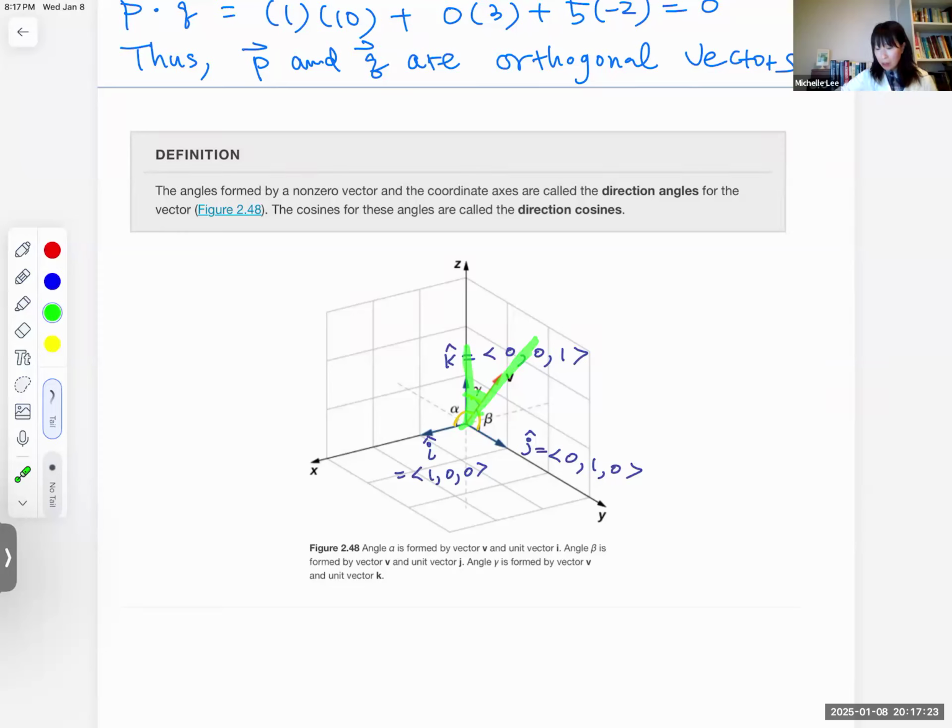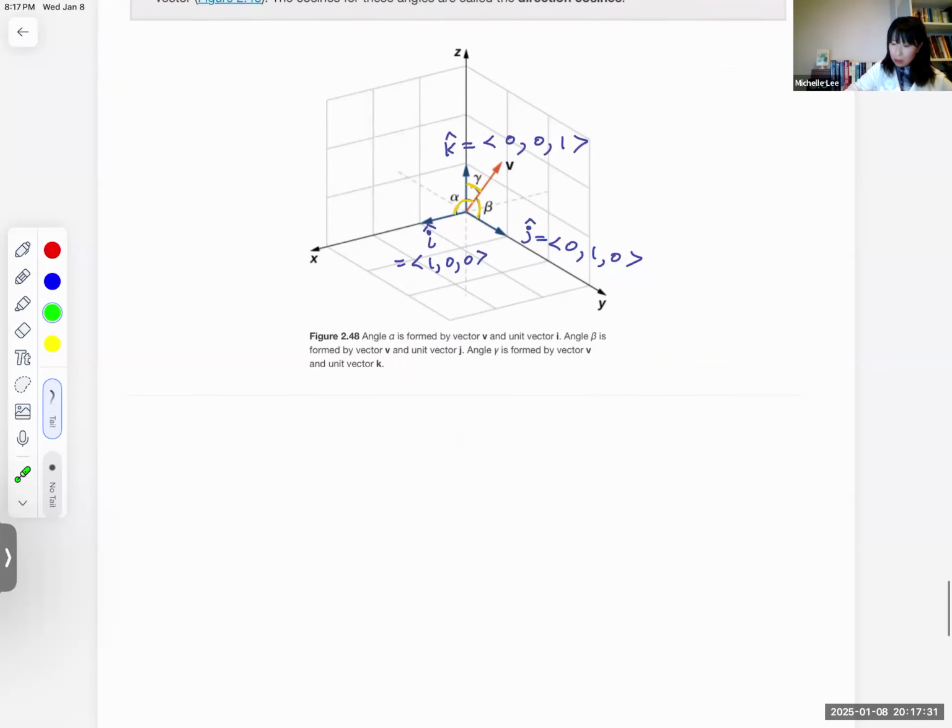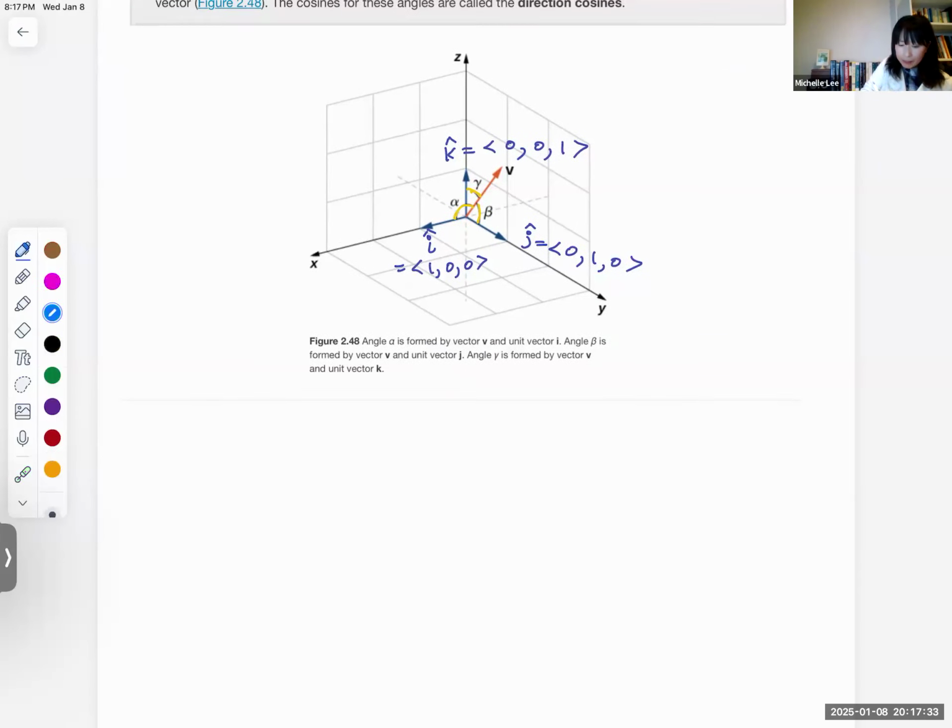All right, then let me just do one problem. Let V equal to (2, 3, 3).